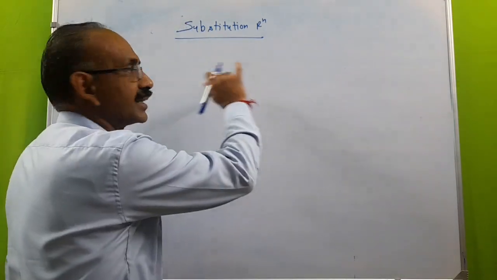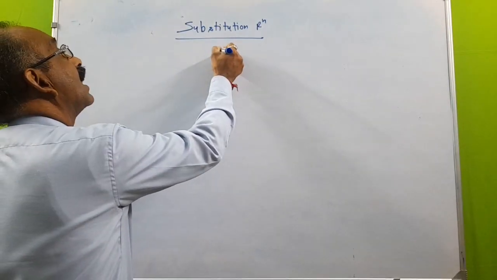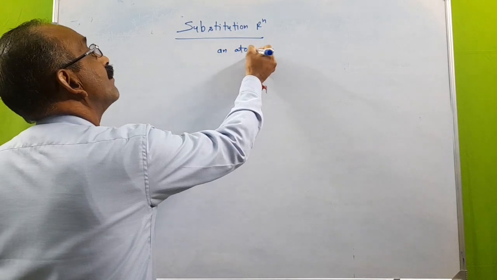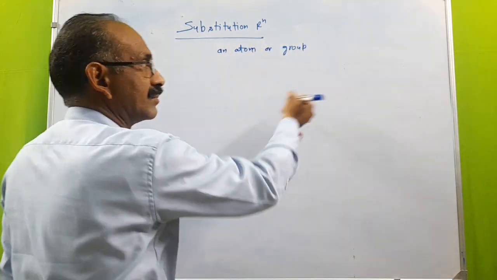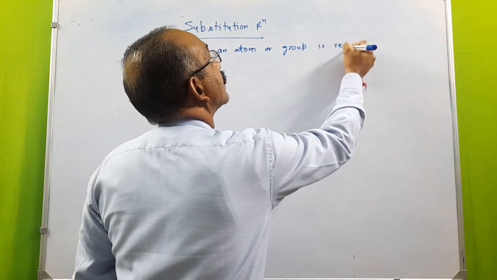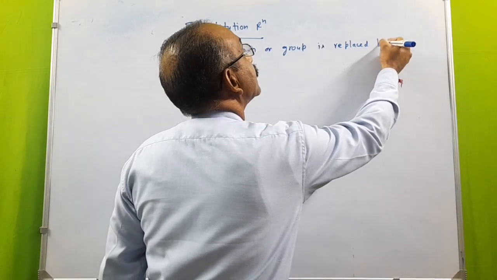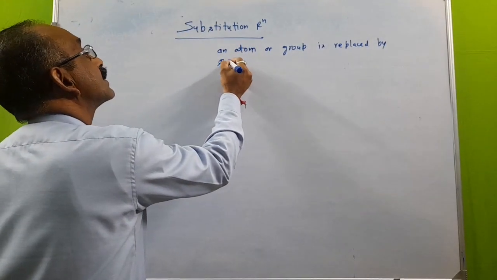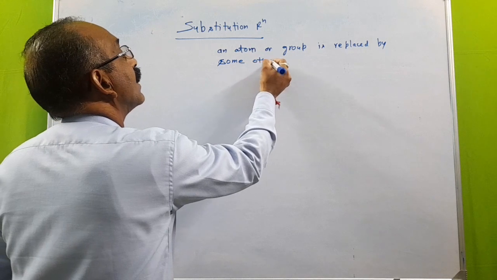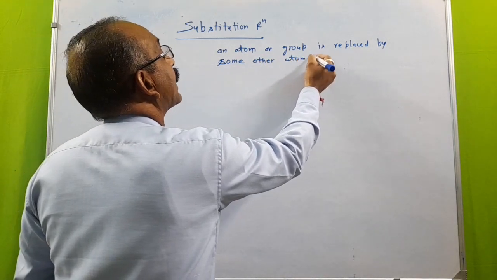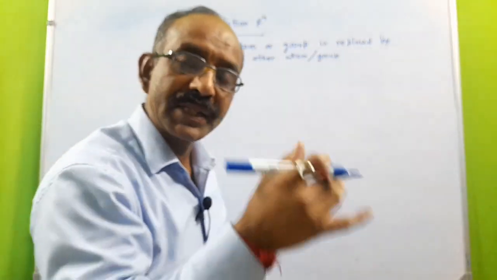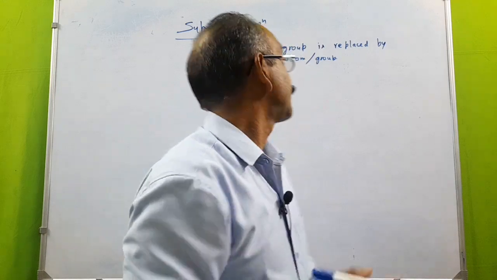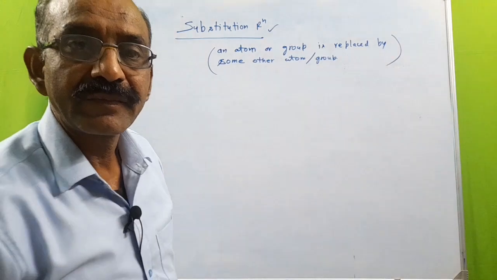In this substitution reaction, an atom or the group is replaced by some other atom or group. See here, one atom or group is replaced by some other atom or group. So this type of reactions are known as substitution reaction.